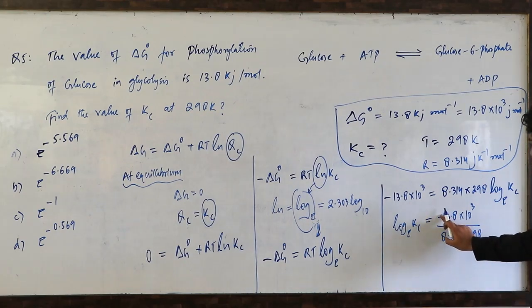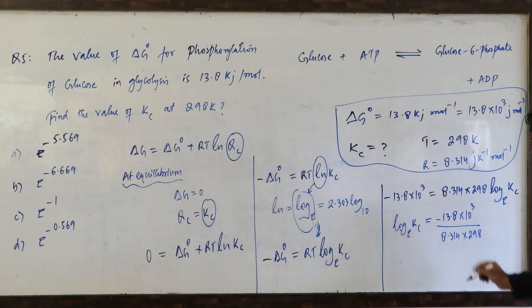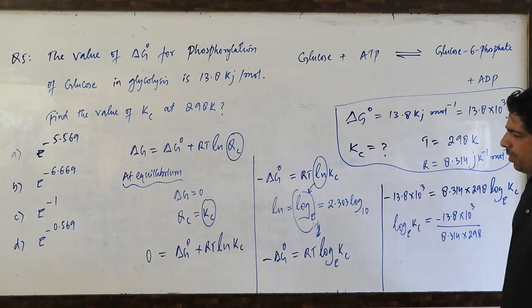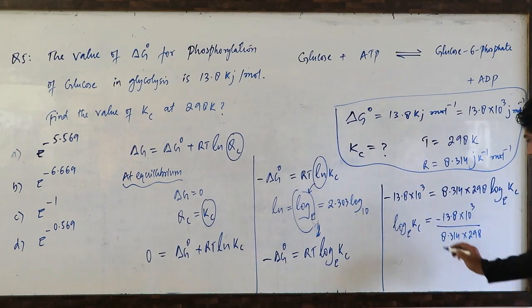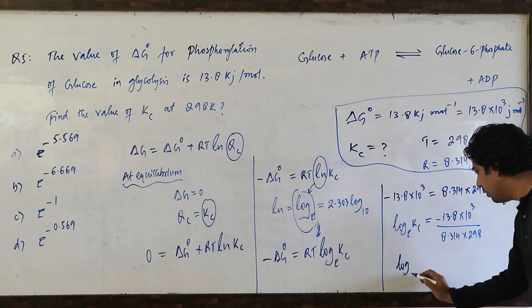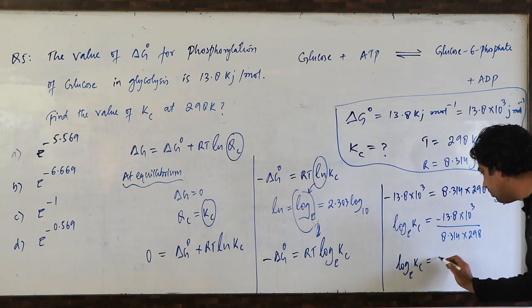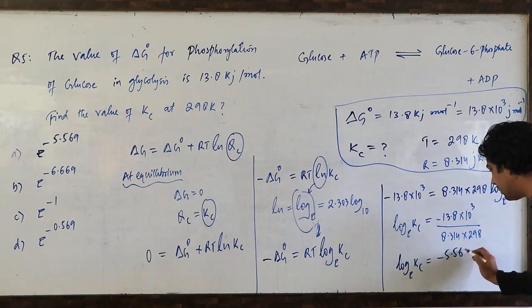When you simplify this, 13.8 into 10 raised to the power 3 upon 8.314 into 298, you will get 5.569. You will get log to the base e Kc is equal to minus 5.569.